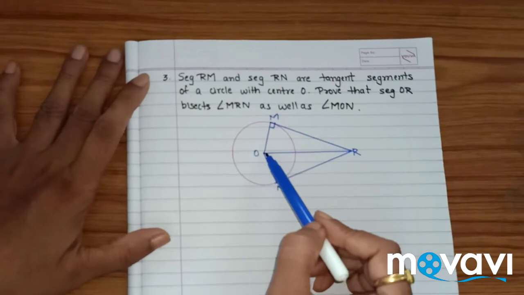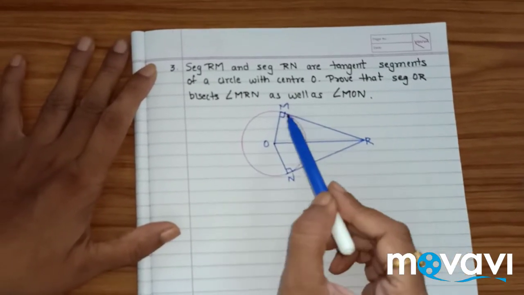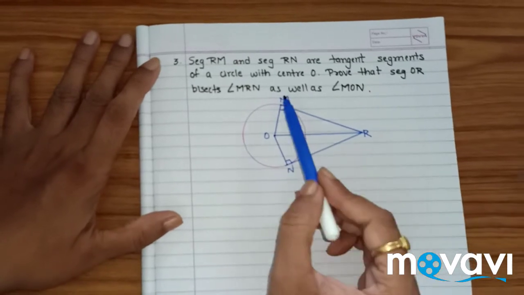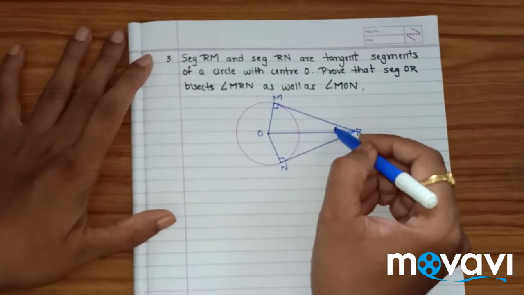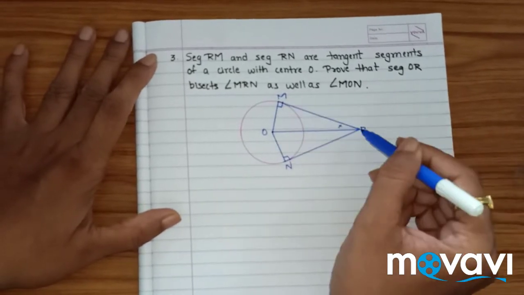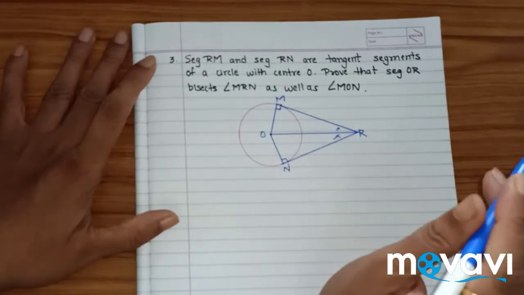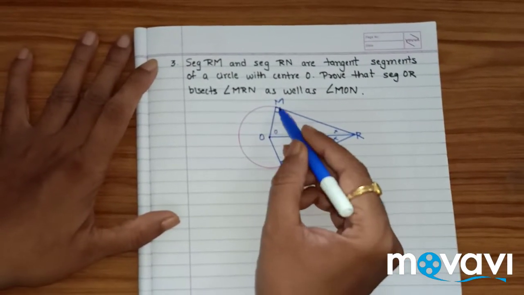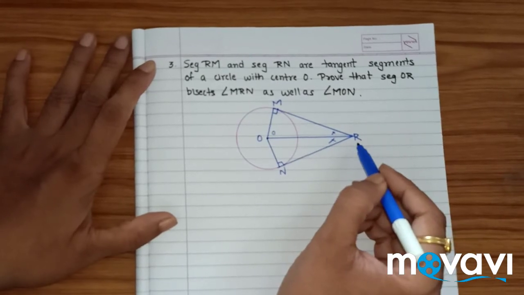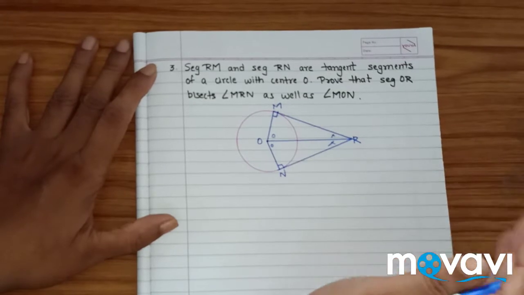What you have to prove is that this is the bisector of this angle, that is MRN, and angle MON. Bisects means what? You need to prove that this angle, that is MRO, is congruent to angle NRO. And same way for this side, you will have to prove that angle MOR is congruent to angle NOR. This is what you are supposed to prove.